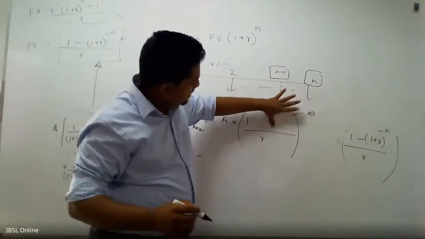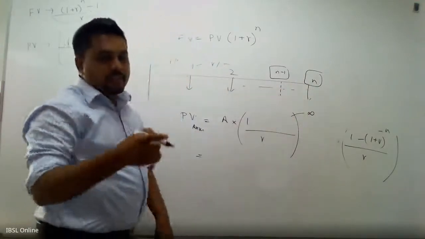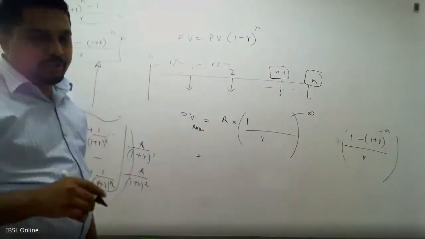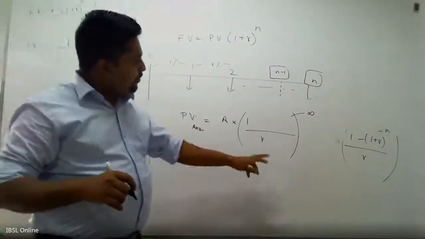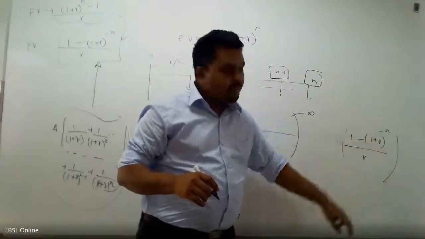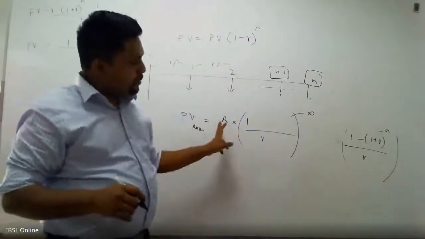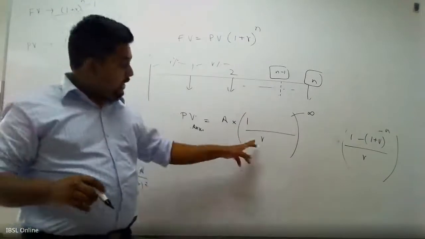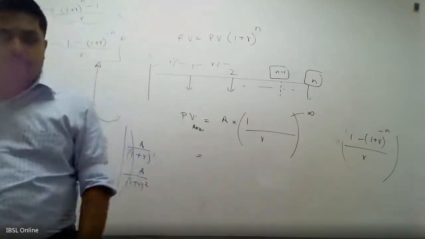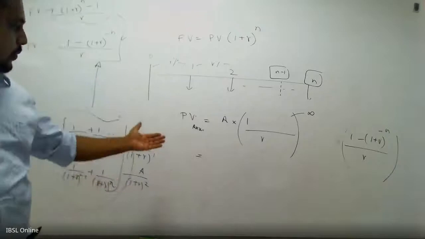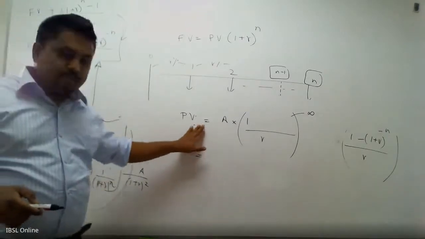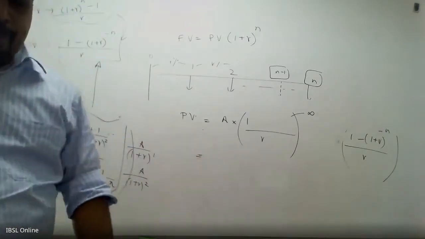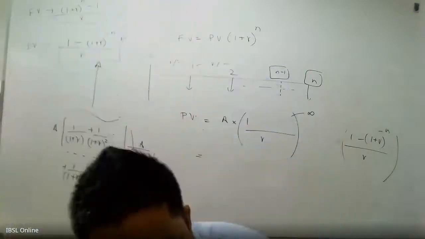This is the remainder. That is why, for a perpetuity, forget this negative part of the equation and you will be left with the annuity divided by the interest rate as the present value for a perpetuity in that case. Okay. Right.